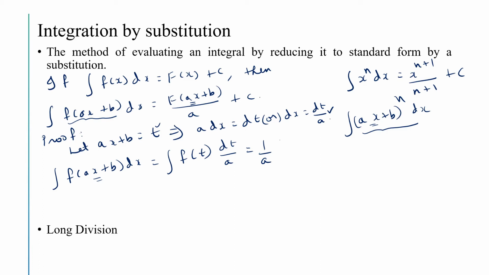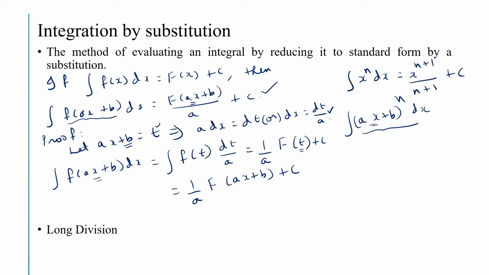Integral f of t dt is capital F of t plus c. Now in this final answer we can substitute for t as ax plus b. So this is equal to 1 by a into capital F of ax plus b plus c. This is how we get integral f of ax plus b into dx as capital F of ax plus b by a plus c.